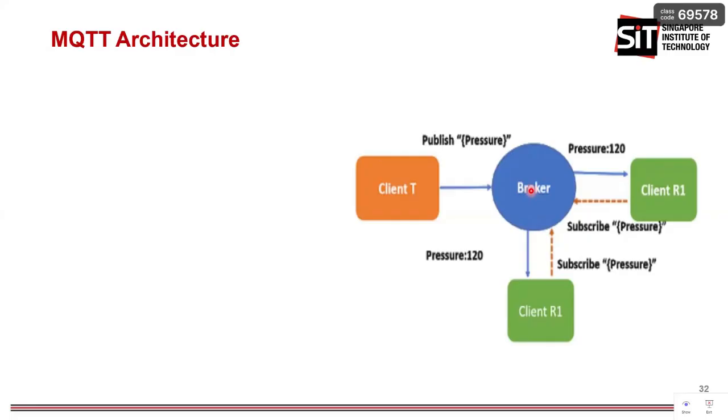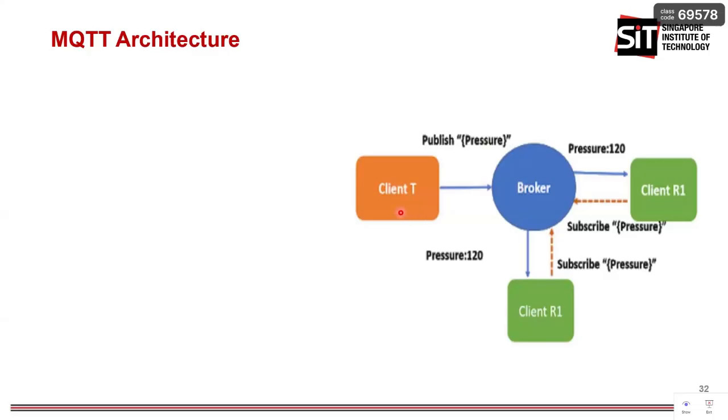So what it means is that when there is information to be published, for example, here, this is the sensor, all right? Client T is the sensor. The sensor has information about pressure, so it will publish, right? So this is the first thing that you need to know. The client will then tell the broker, I have a topic called pressure, I'm going to publish to you, right?